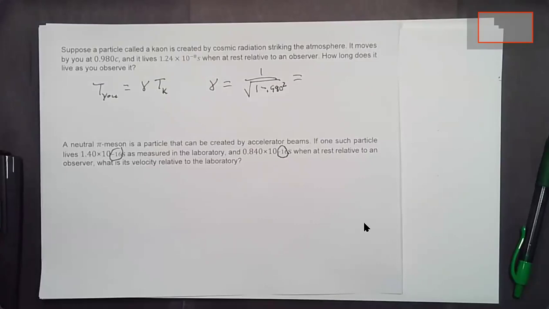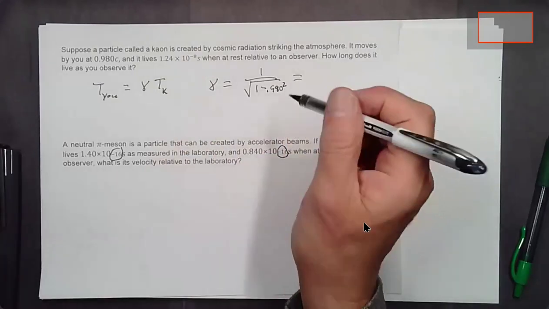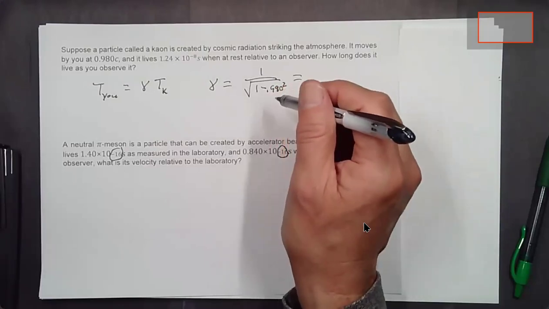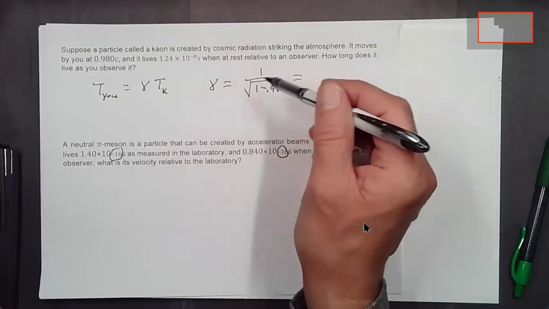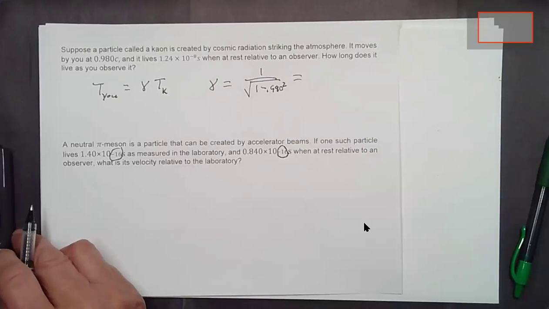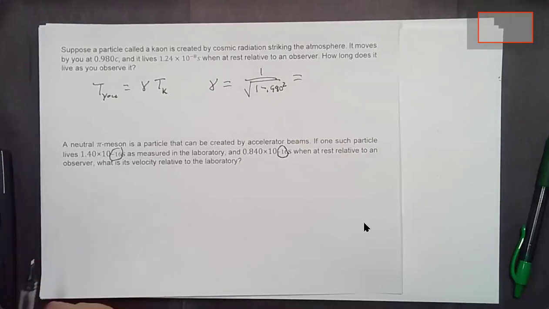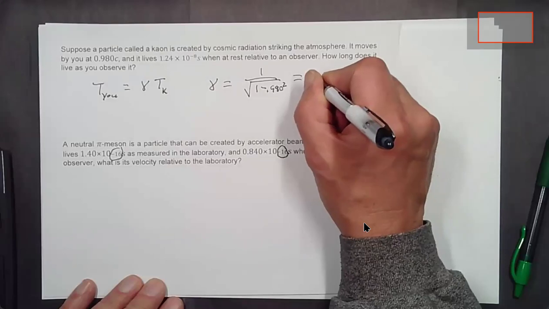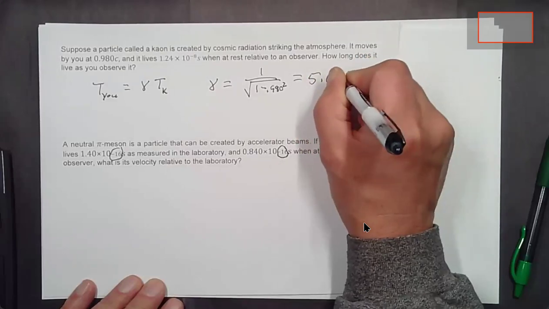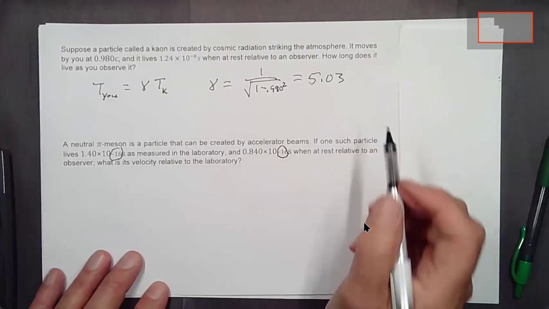When I took a junior level course in special relativity at Eastern, I ended up calculating gamma so many times that I had a program built into my calculator for doing it, but it's easy enough to stick in there. So it's just 1 divided by the square root of 1 minus 0.980 squared. And I get, we have 3 sig figs, so 5.03 is what I get for gamma.